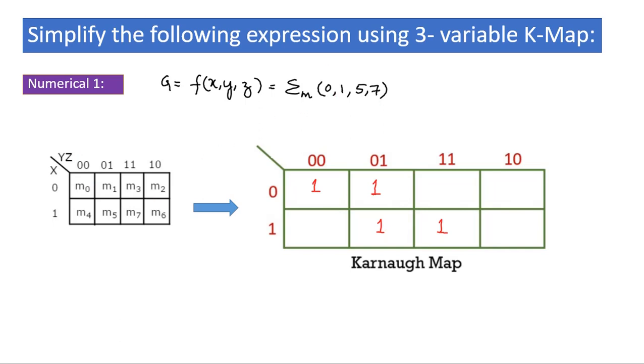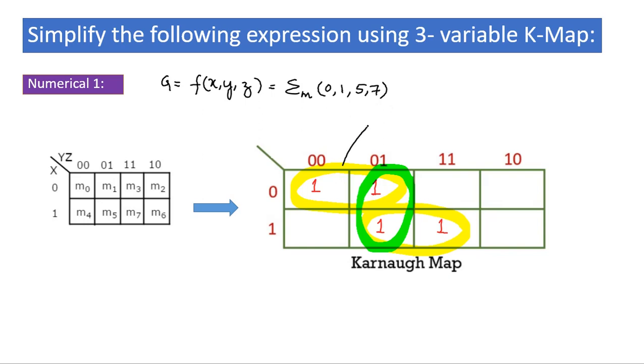Let me group this. This is almost similar to the previous problem, but we need to see what will be the end result. So a group of 2 minterms, another group of 2 minterms, and another group of 2 minterms. Let me number this.